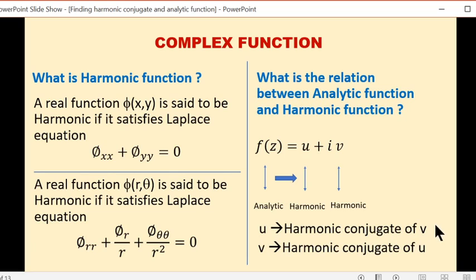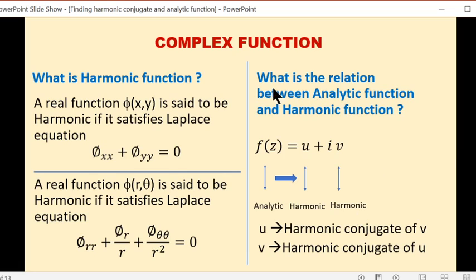Conjugate means both of them belong to the same analytic function. V is harmonic conjugate of u. That means v is harmonic and v belongs to the same analytic function to which u belongs. Okay. So u and v cannot be the real and imaginary part of two different analytic functions. Conjugate का मतलब है they have to come from the same analytic function.